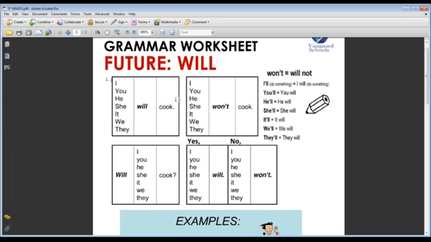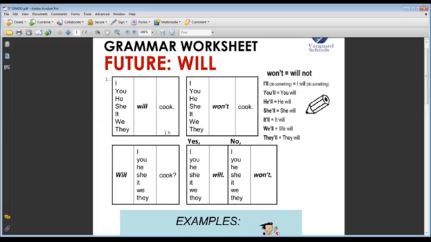In this case, I have the verb cook. This is my sentence. I will cook. You will cook. He will cook. She will cook. It will cook. We will cook. They will cook.